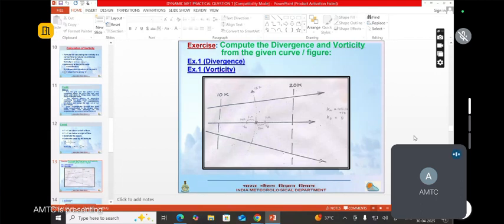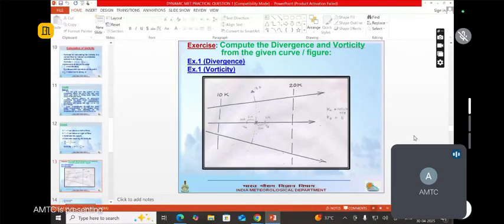So in this part, you see that there are dotted lines known as isotachs. The first is 10 knots, the second is 20 knots. So it looks like it's outflow. Okay.